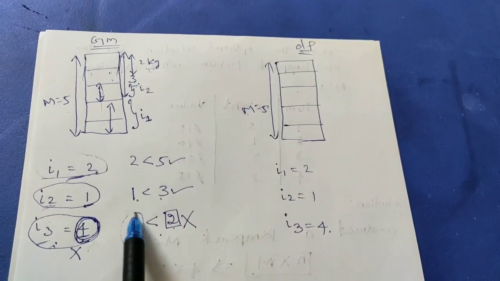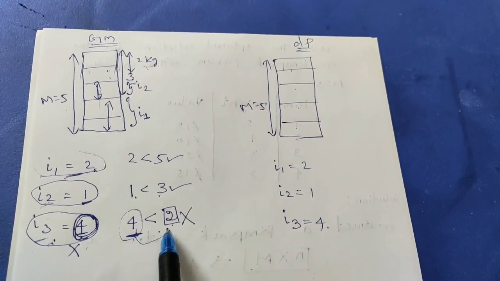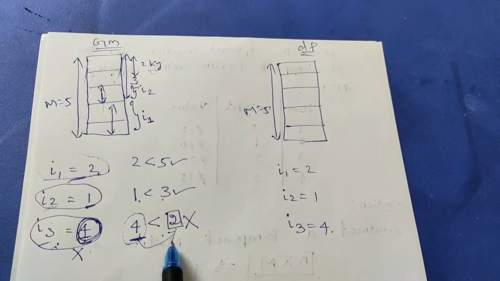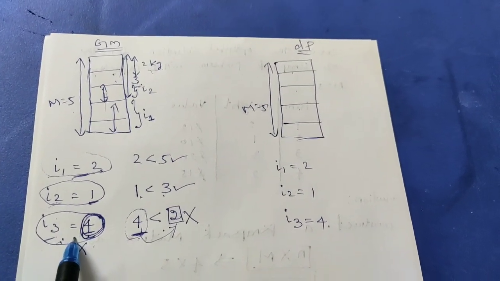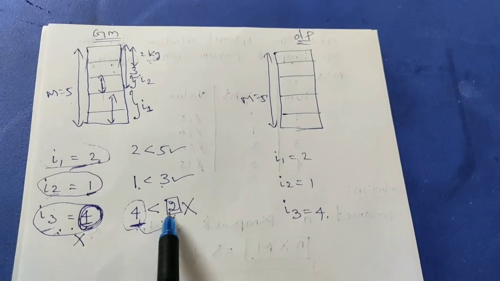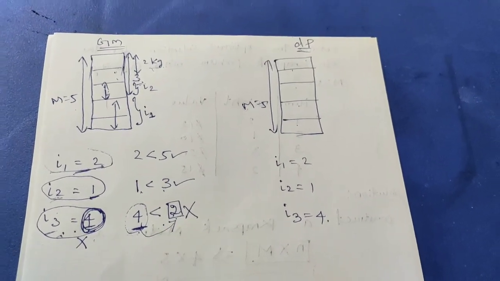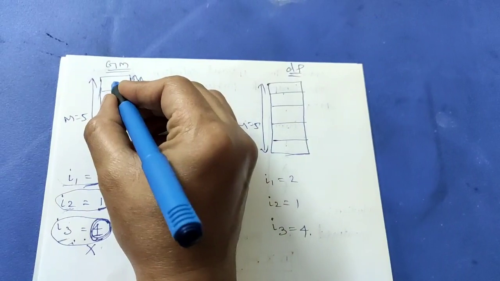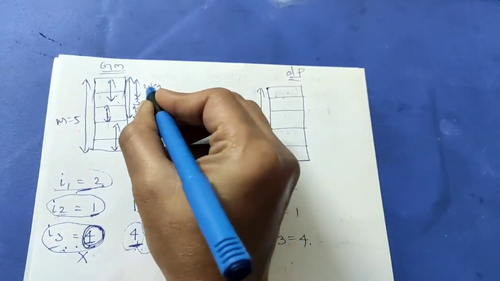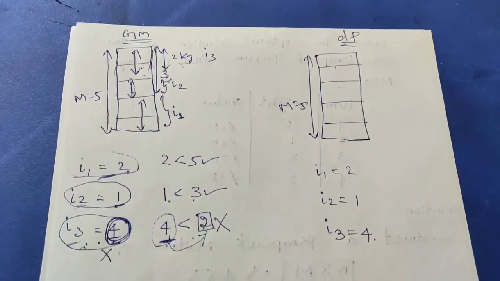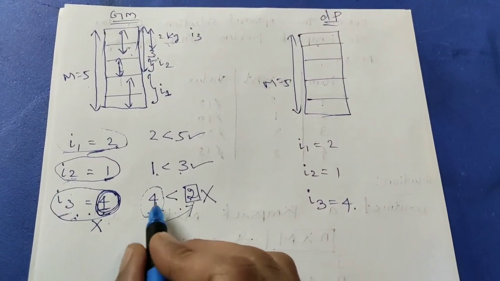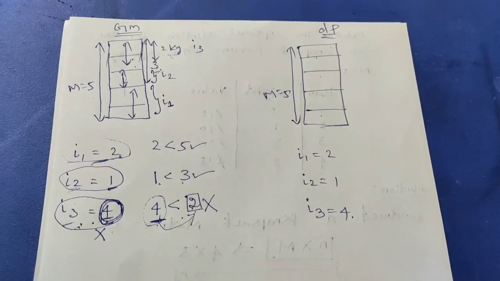So out of 4 kgs, I will be able to place only 2 kgs of item. So I will place 2 kg of the third item. I will leave the remaining 2 kg as waste.